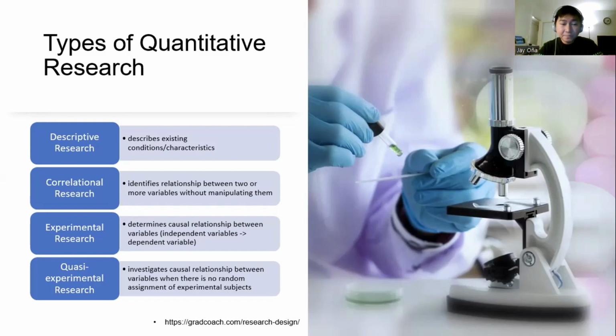So dito po, we are trying to see if there is correlation or relationship between two variables, two or more variables, na wala kang ini-impose na control dun sa ating sample. So let's say, for example, that same set of students where you gathered the time spent on social media versus exam scores, or let's say for mathematics.